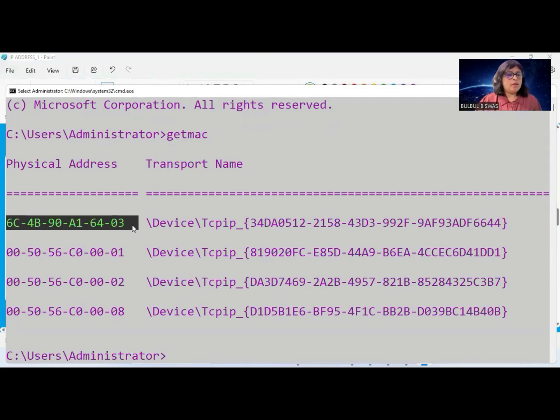I think you all know in the number system, if a number is a combination of digits and alphabets, it must be a hexadecimal number. So here you see 12 hexadecimal numbers. Every hexadecimal digit is 4 bits, so 12 times 4 is 48 bits. Am I clear?